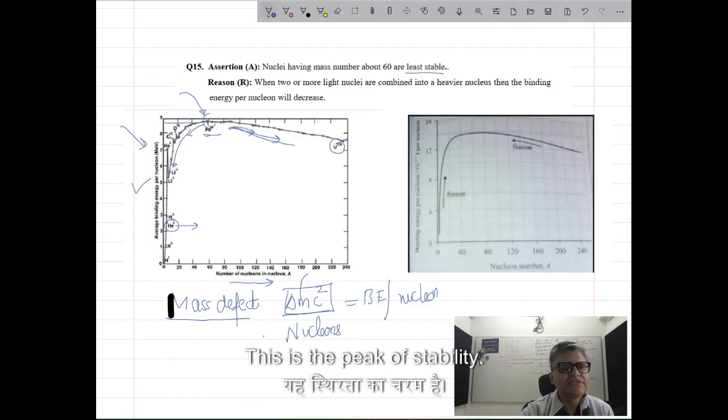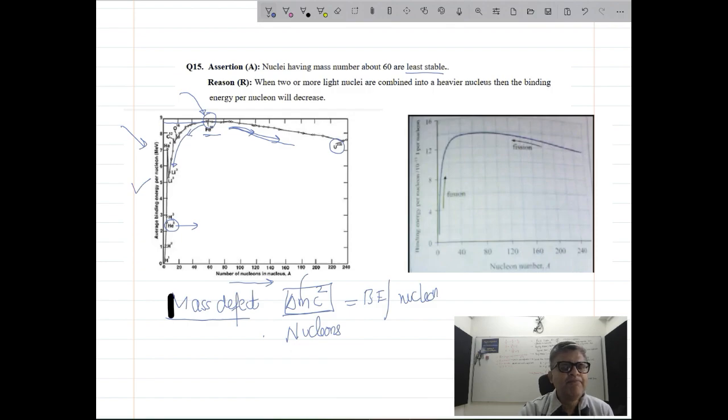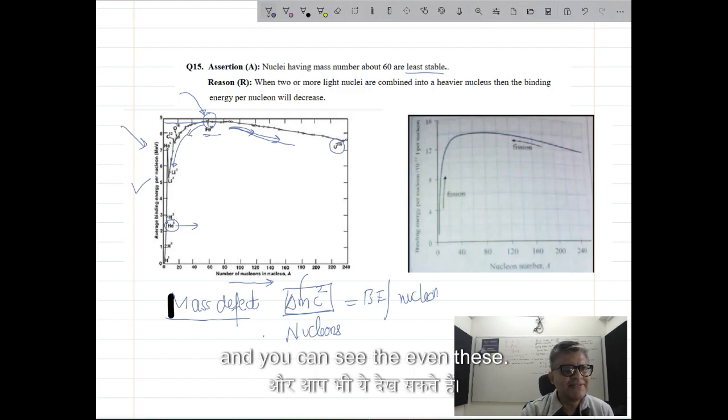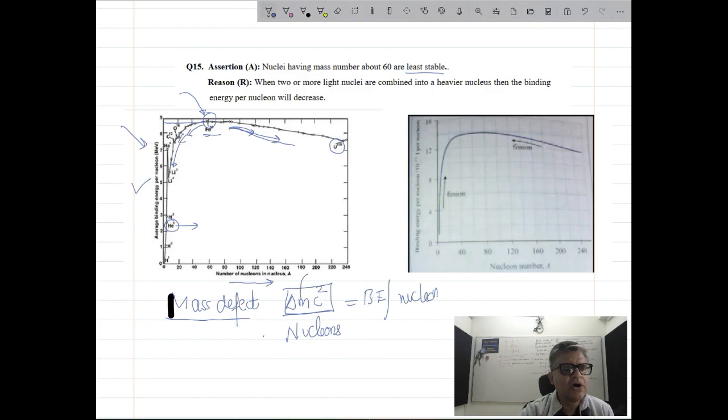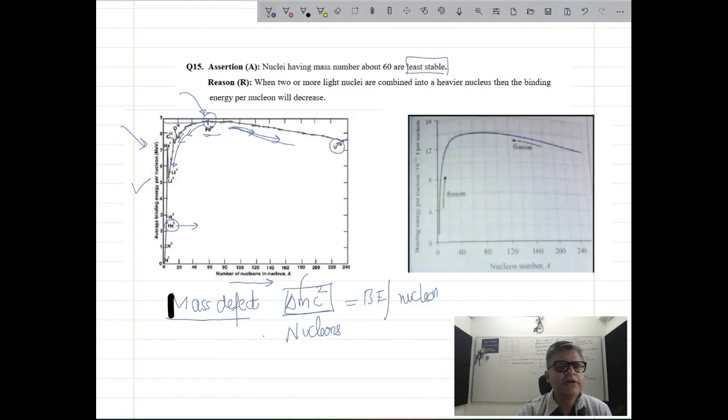This is the peak of stability. Uranium is slightly less stable. You can see the binding energy of the uranium is approximately 7.5. And you can see even these on the left-hand side of the iron are also unstable. So it is all about stability. This graph is an important marker of stability of the nuclei.